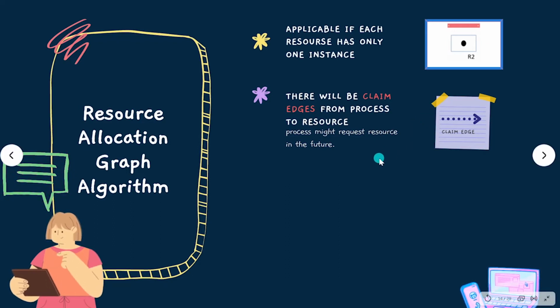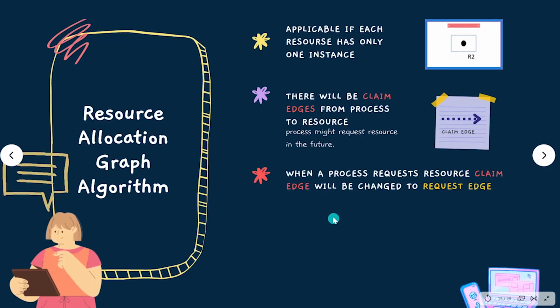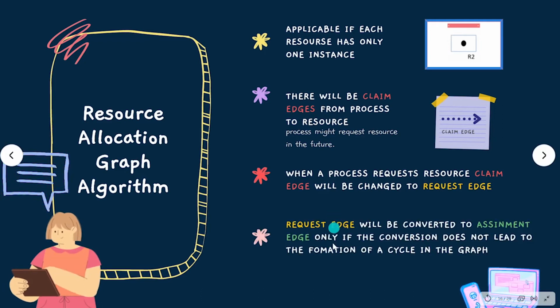Processes might request a resource in the future, so claim edges are represented by dotted arrows. When a process requests a resource, the claim edge will be changed to a request edge. A request edge will be converted to an assignment edge only if the conversion does not lead to the formation of a cycle in the graph.